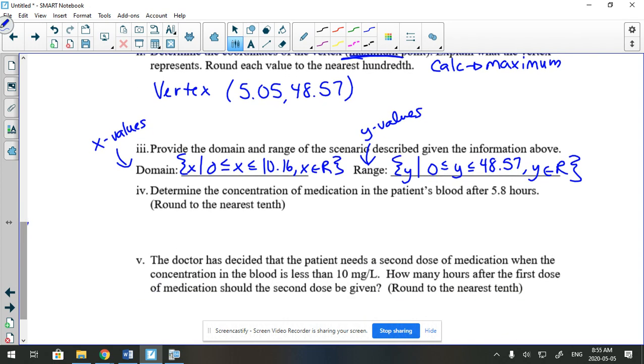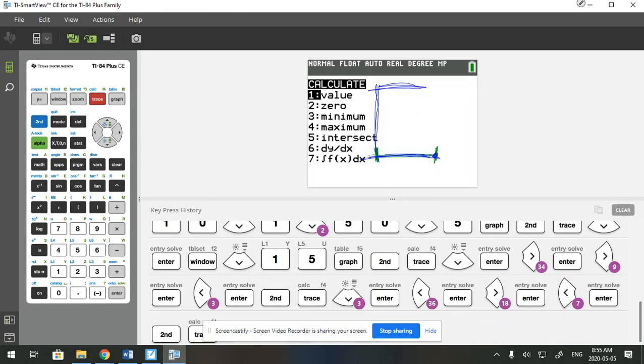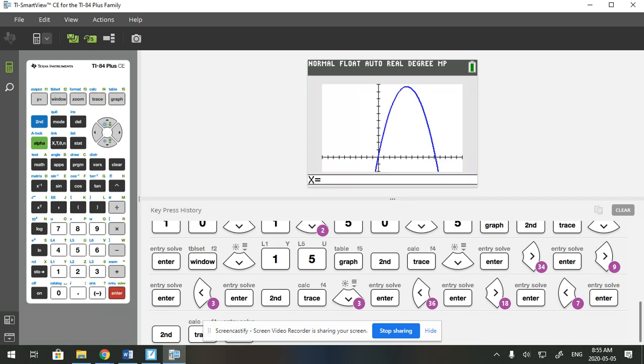Determine the concentration of medication in the patient's blood after 5.8 hours. It's basically telling you that your x is 5.8 hours. So all you have to do is go into your calculator and go calc value, and it'll tell you what your y value is at that point. I'm going to go second calc, erase my lovely drawing, go to value, and I want my value when x is 5.8.